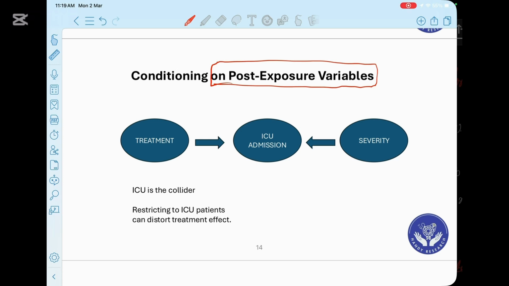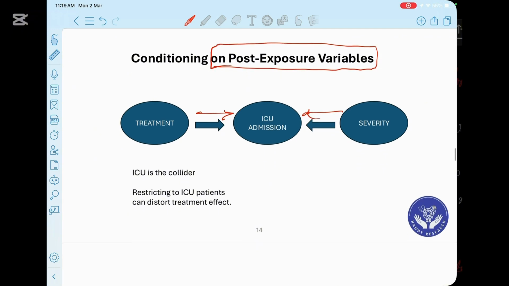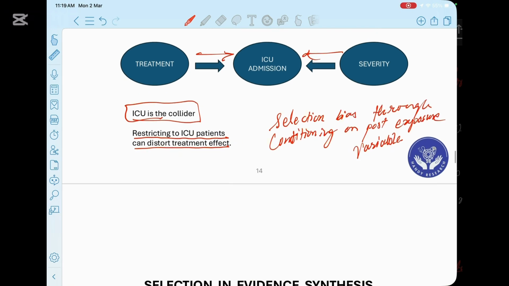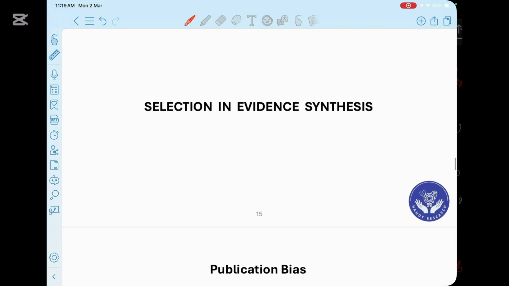Let's suppose a drug treatment leads to ICU admission, and the severity of health status also leads to ICU admission. If you restrict analysis to ICU patients only, you condition on ICU admission, and here ICU admission becomes a collider and treatment becomes associated with severity artificially. So you distort the treatment effect. That is selection bias through conditioning on a post-exposure variable.